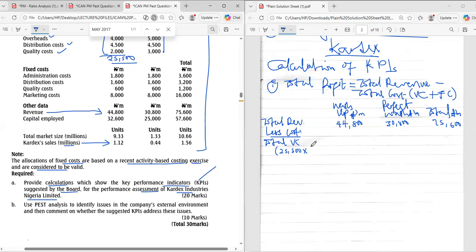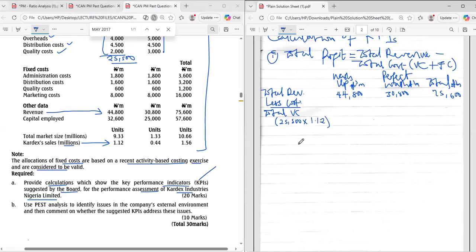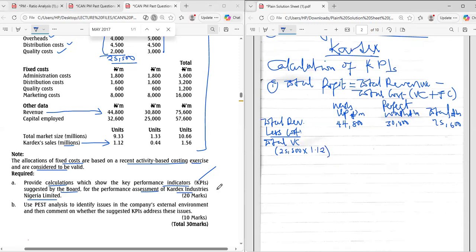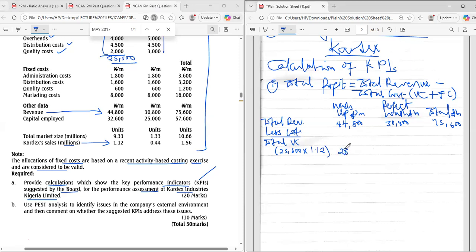You have to multiply it by 1.12. So what do we have? 28,560. It's a cost, so put it in bracket.